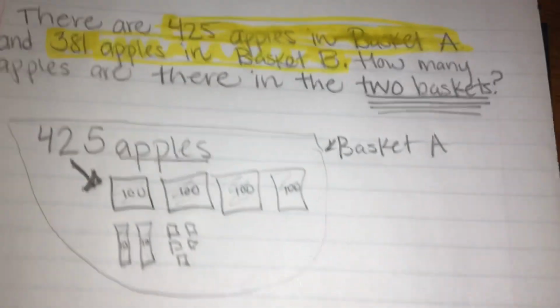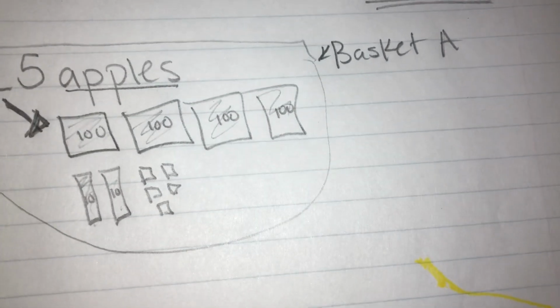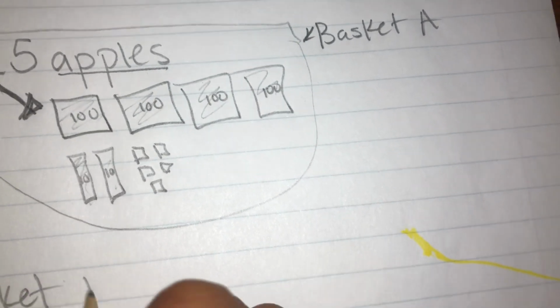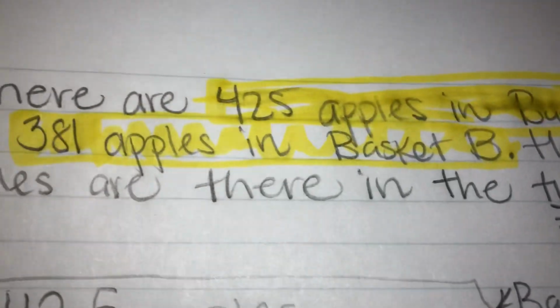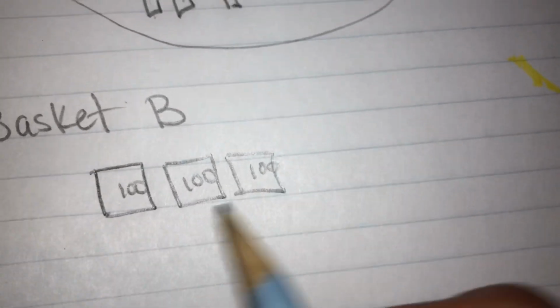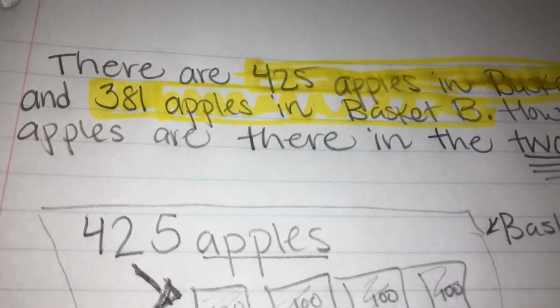Then we have basket B. So they can label it basket B. And in basket B, there are 381 apples. So how are they going to represent 381 apples? They could do the same thing using hundreds, tens, 10, 20, 30, 40, 50, 60, 70, 80, 81.